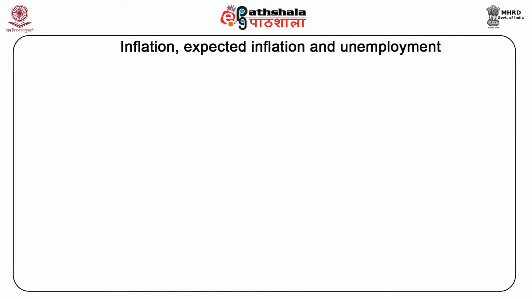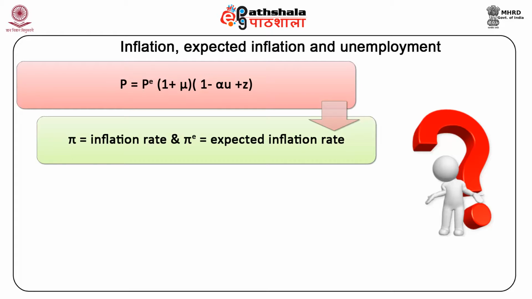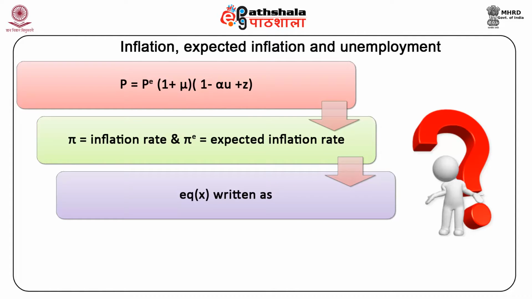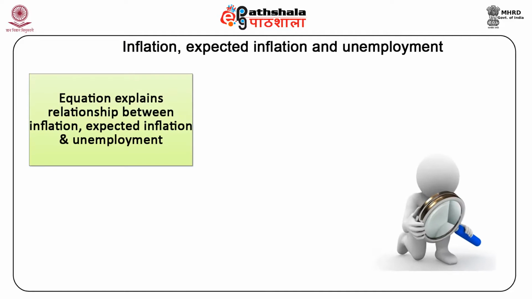Using previous equations, P is equal to P^e times (1 plus mu) times (1 minus alpha U plus Z). Let pi denote the inflation rate and pi^e denote the expected inflation rate. Then this equation can be written as inflation is equal to expected inflation plus mu plus Z minus alpha U. This equation explains the relationship between inflation, expected inflation, and unemployment.